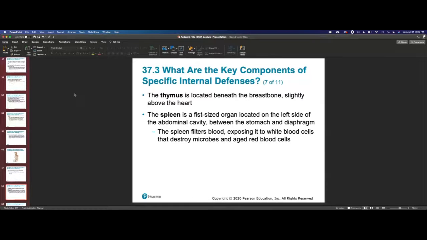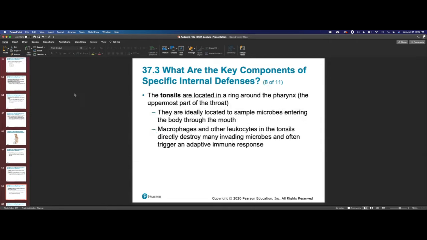And so the spleen is going to be dealing both with filtering blood, breaking down old red blood cells, recycling them, and then that filtered blood can be exposed to those leukocytes in its hub.